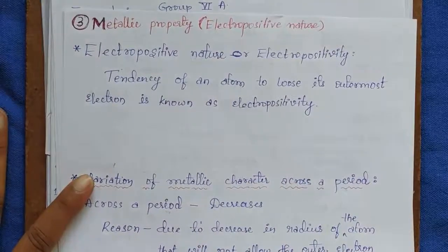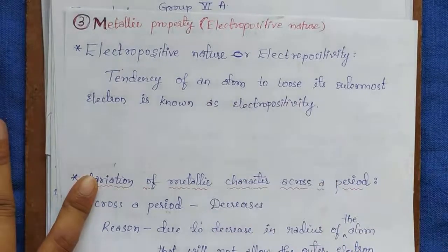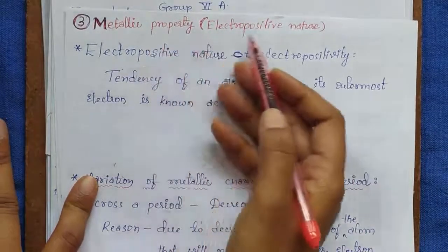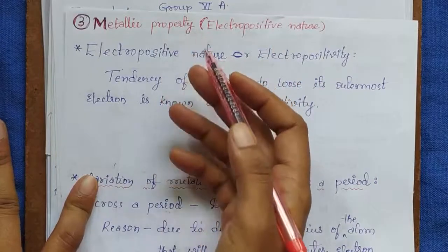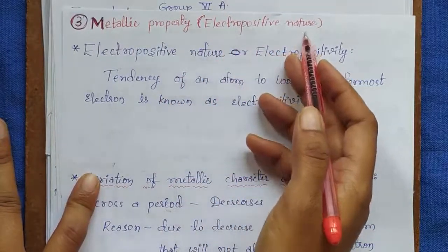Children, now we will see metallic and non-metallic property. First we will see the metallic property. This metallic property you can also say is electropositive nature.